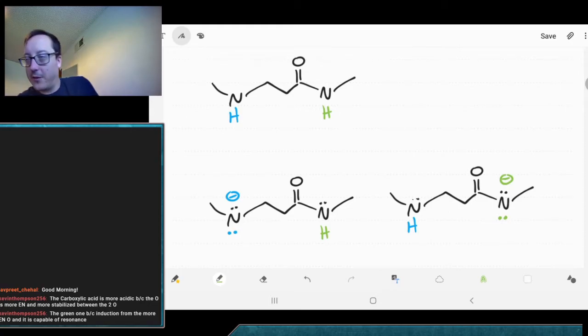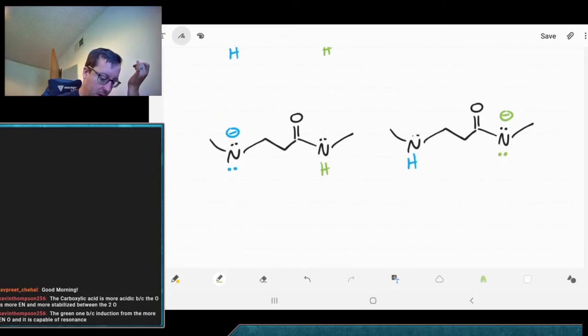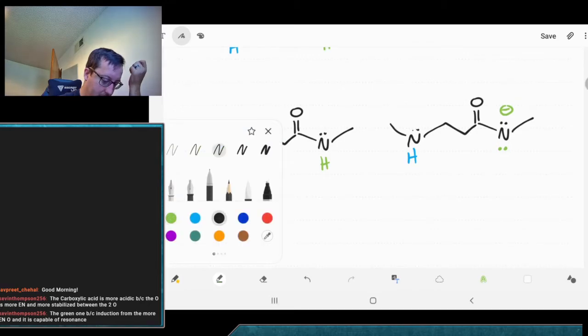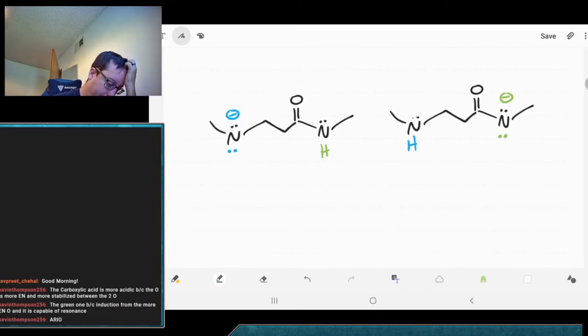So, Kevin, you're right, there is induction here, but resonance is going to definitely outweigh induction every single time. But we'll take a look. So, blue one. Both of these are neither cationic.